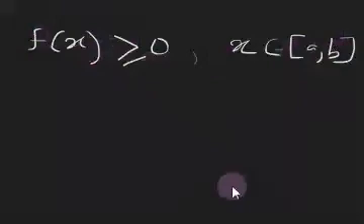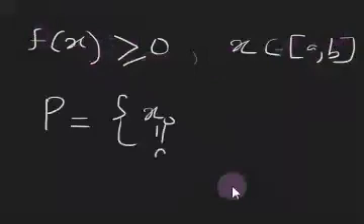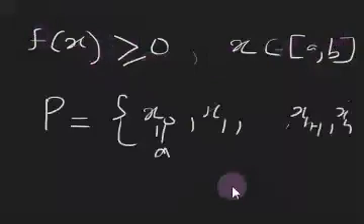If you consider any partition P of the AB interval, x naught is the same as a, x sub 1 up to x sub n minus 1, and x n is the last point of the partition, which is the same as b.